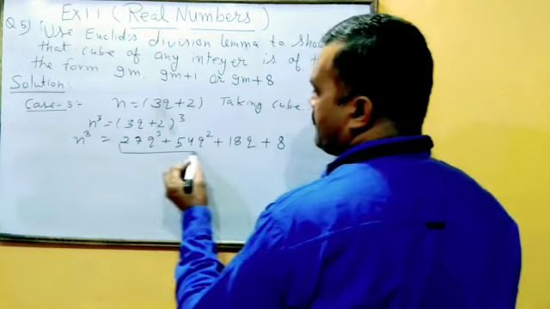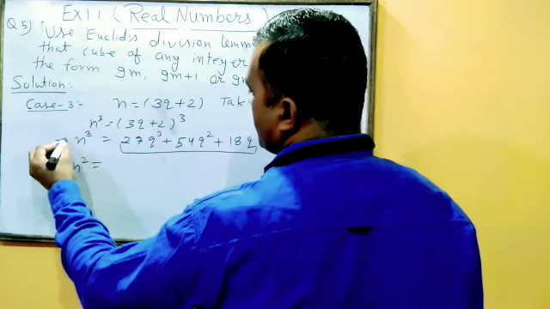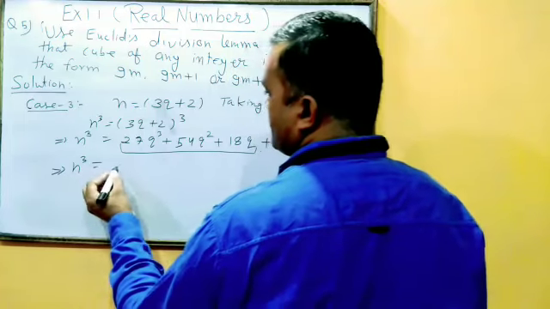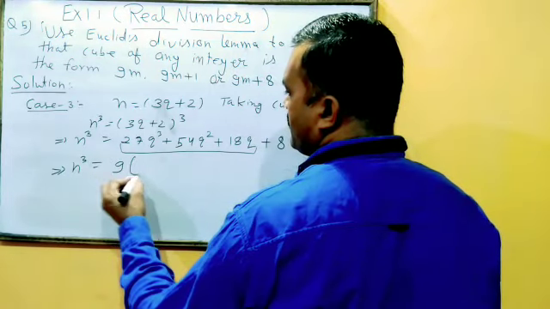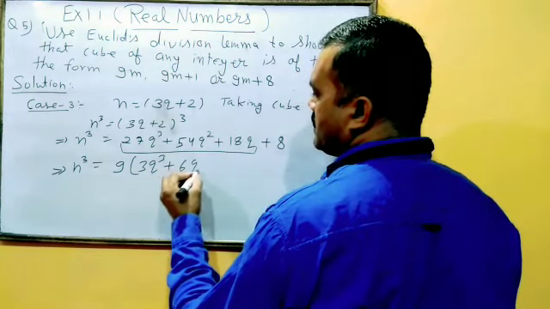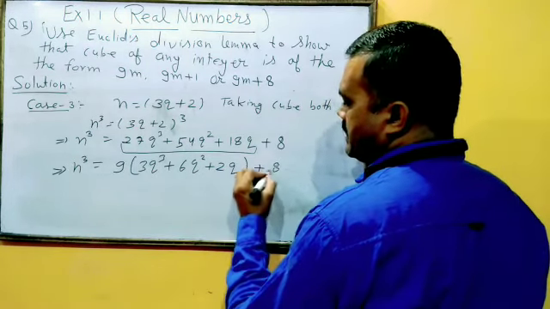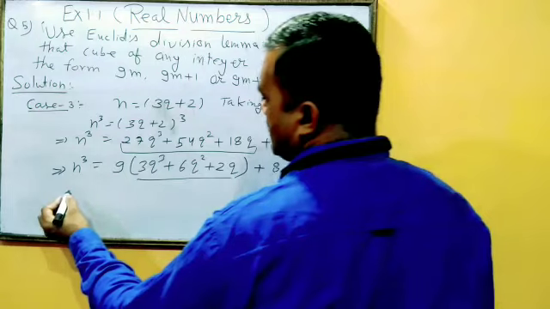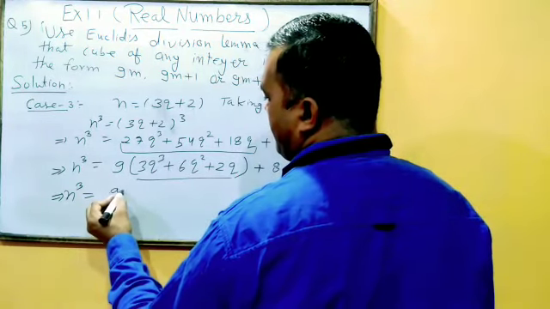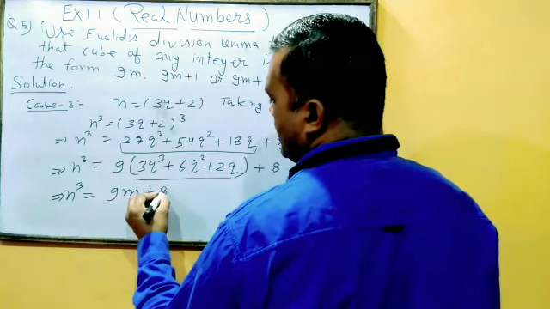So you can see from this 9 can be taken common. So 9 is outside of the bracket: (3q cube plus 9 6s are 54, that is 6q square plus 9 2s are 18, that is 2q) plus this 8. Now this number will be written as another integer m. 9m plus 8.